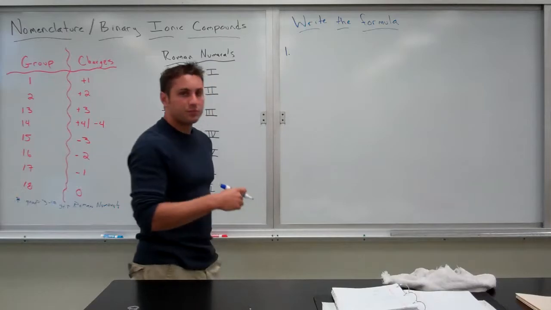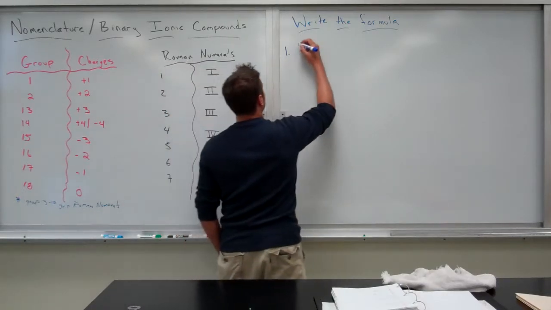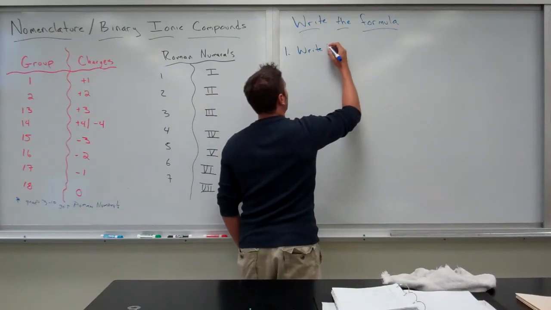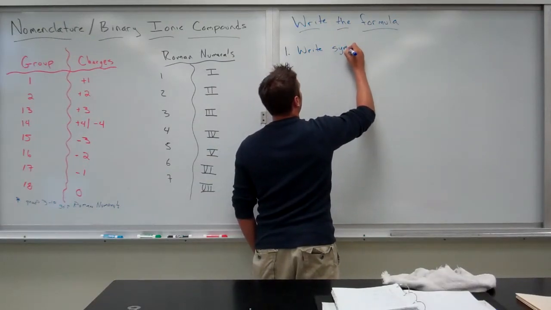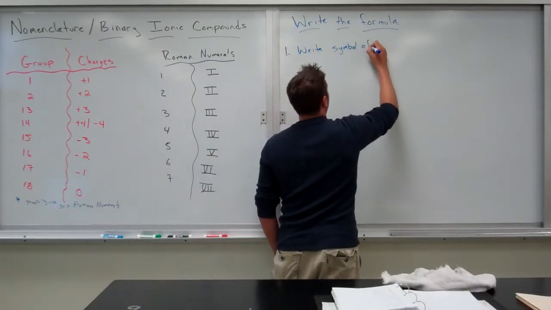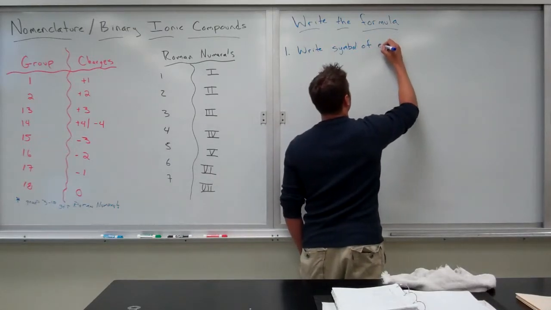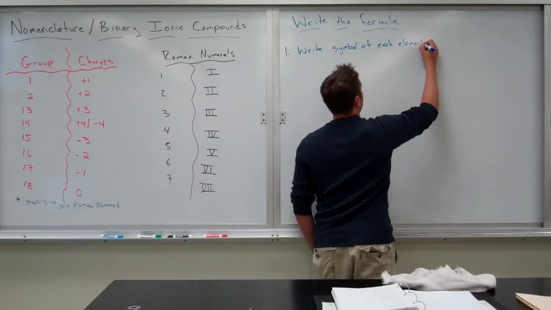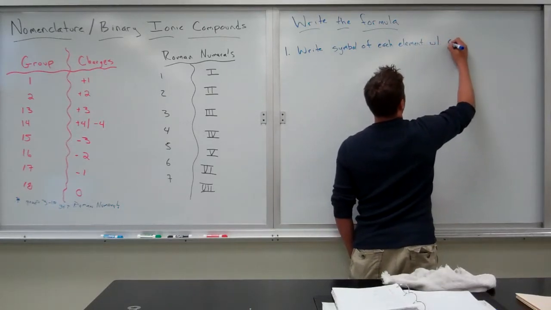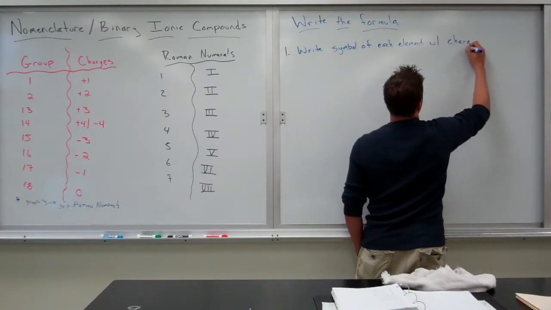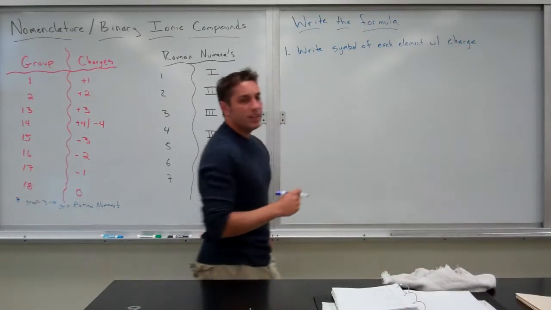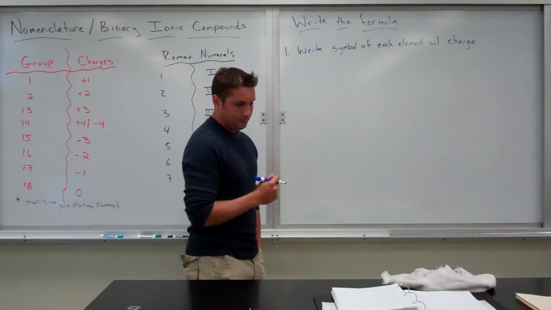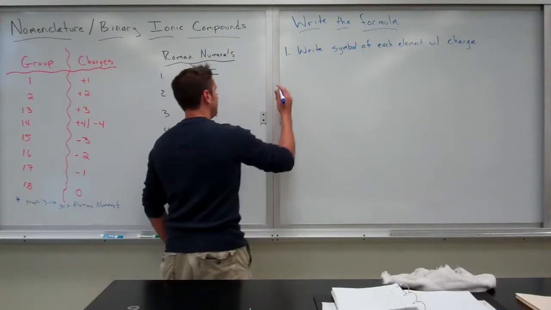Step 1, write the symbol of each element with its charge. So you write the symbol of each element with their charge, and you'll get those from the periodic table.